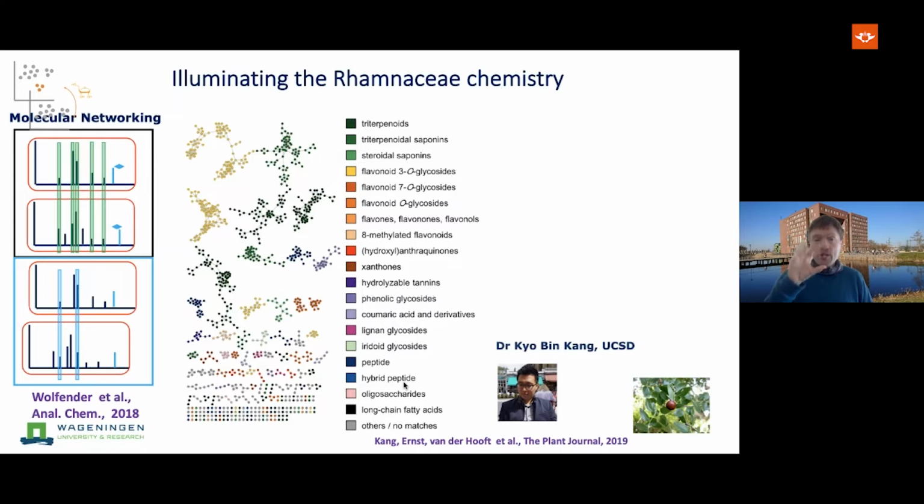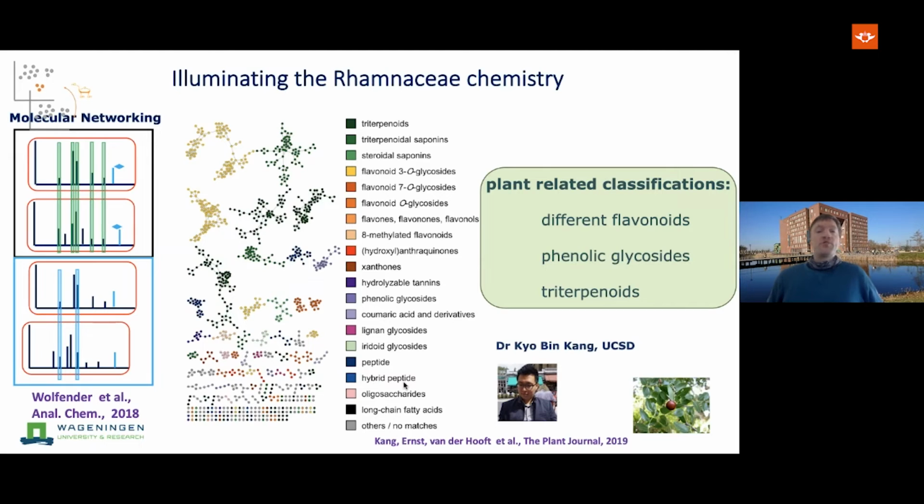And you can see how in the molecular network, when we classify the molecules based on the MolNetEnhancer workflow, you can see all plant-based classifications. So flavonoids, phenolic glycosides, and triterpenoids, which makes a lot of sense, right? So that was good to know also as a kind of validation for the whole computational workflow.